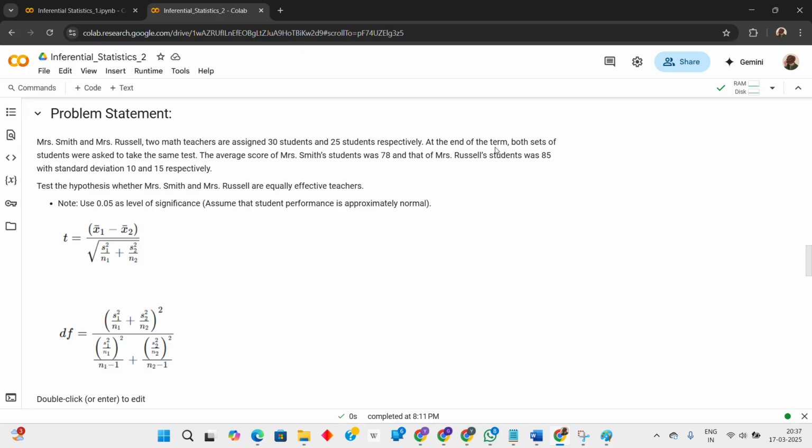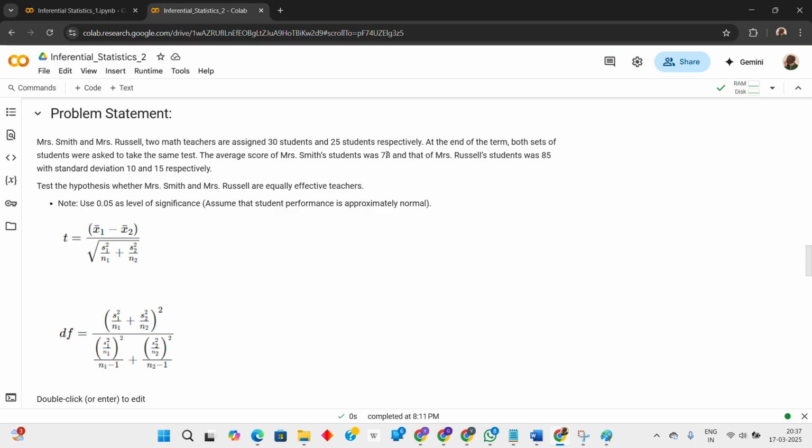At the end of term one, both groups of students were asked to take the same test. The average of Smith's students is 78, and the average scored by the students of Russell was 85, and the standard deviations are 10 and 15 respectively.